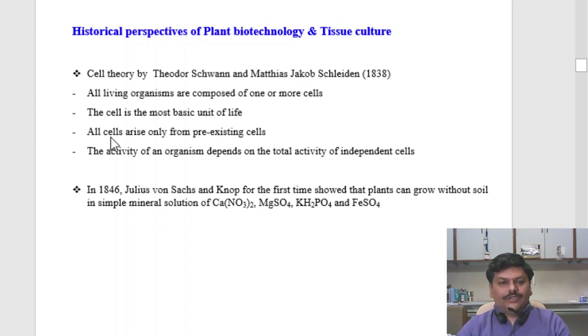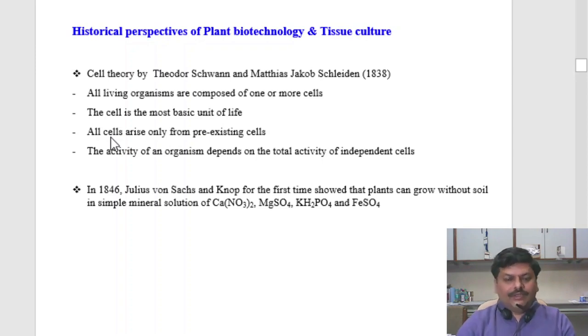What they postulated in this theory is that all living organisms are composed of one or more cells. So if we are talking about microbes, they are single cell organisms, and if we are talking about eukaryotes, then they are multiple cell and multi-organ organisms. The cell is the most basic unit of life. All cells arise from pre-existing cells. That cells cannot be artificially made.